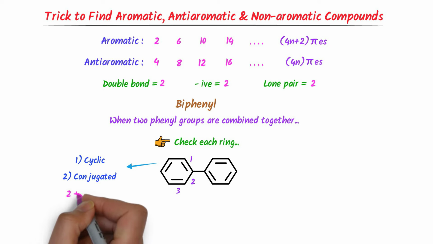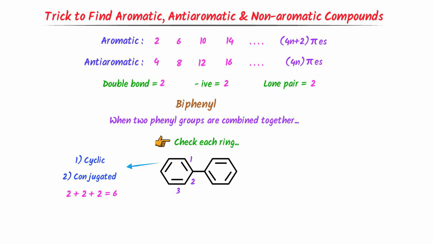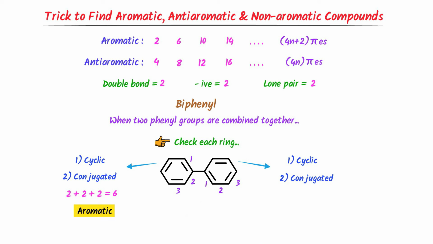I write 2 plus 2 plus 2, which is equal to 6 electrons. So this ring is an aromatic ring. In case of this ring, it is also cyclic and it is conjugated. It contains 3 double bonds. I write 2 plus 2 plus 2, which is equal to 6 electrons. So this ring is also aromatic. Thus both the rings are aromatic. We call this biphenyl organic compound an aromatic organic compound.